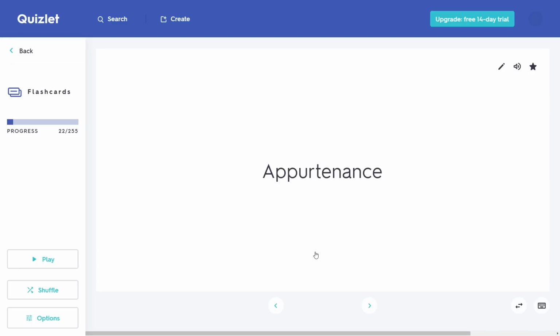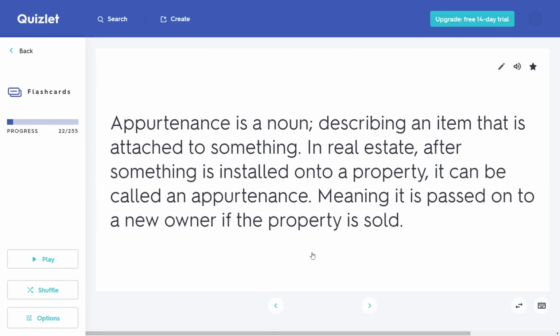Okay, so appurtenance is a noun. And what does it do? It describes an item that is attached to something. So in real estate, after something is installed into a property, it can be called an appurtenance, meaning it is passed on to a new owner if the property is sold. So, for example, if maybe you installed a garage, I don't know if this is a good example or not, but maybe you have one of those mobile garages that you can move back and forth, but maybe you installed it into the property so it can't move anywhere else now.